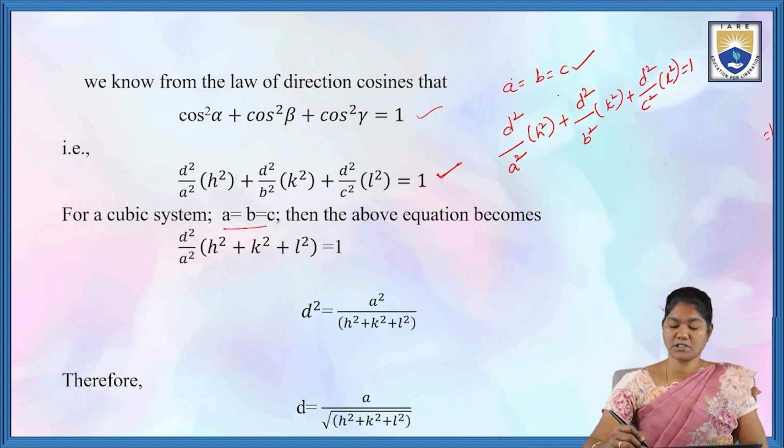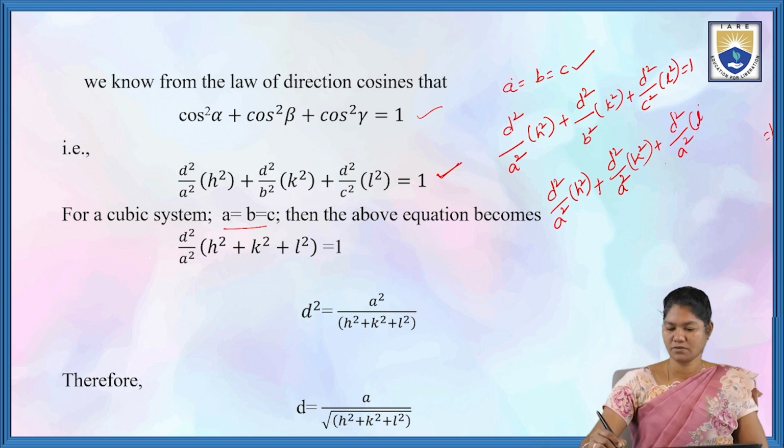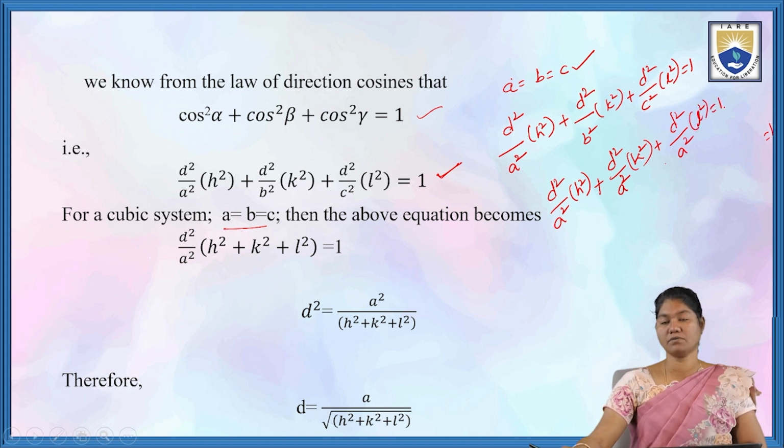When taking a is equal to b is equal to c, it becomes d square by a square into h square plus d square by, as a is equal to b, we can write a square, k square plus d square by a square into L square is equal to 1.